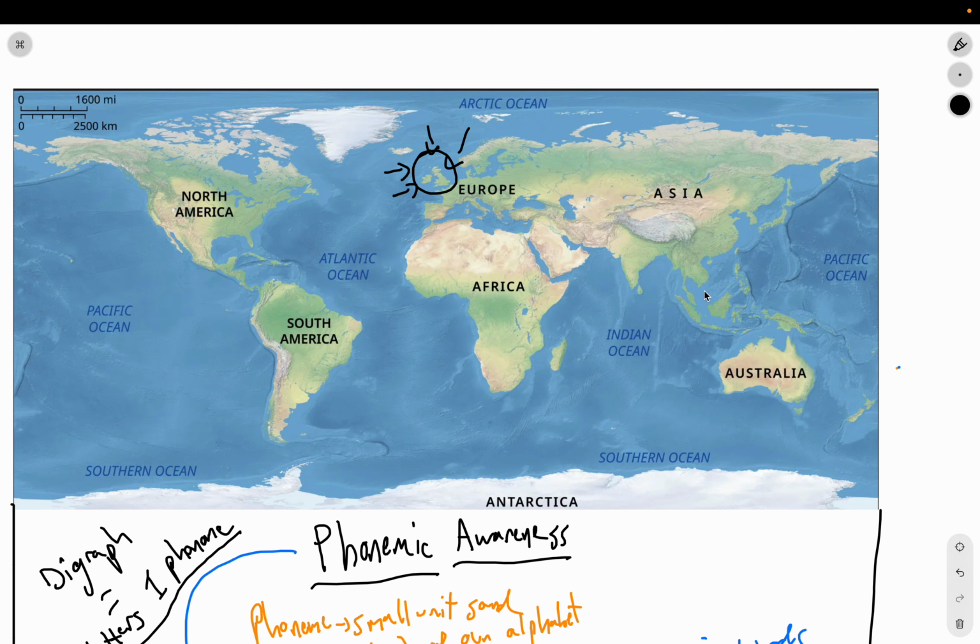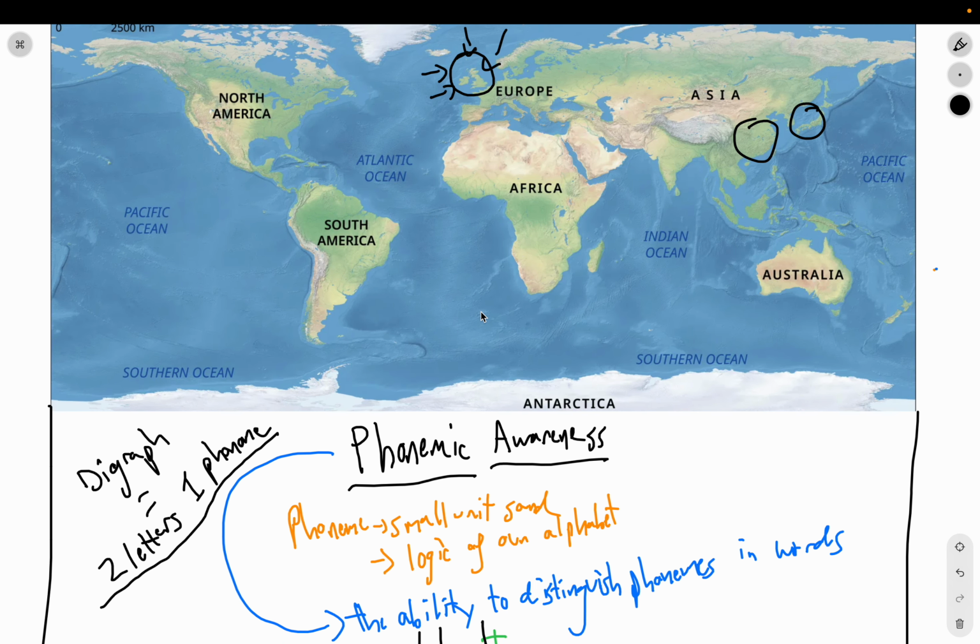So, for example, phonemic awareness is not a challenge at all that learners of Chinese or Japanese might face. There's a bunch of other challenges to learning those languages. It's not to say they're easier or harder than learning English. It's just that there are different challenges, and phonemic awareness isn't really one of them.